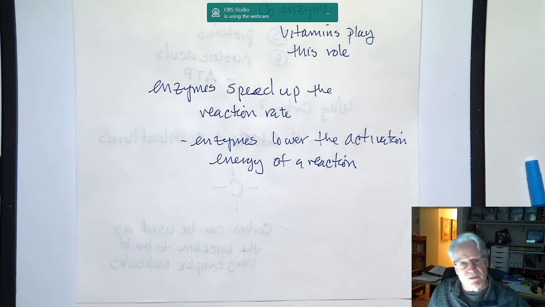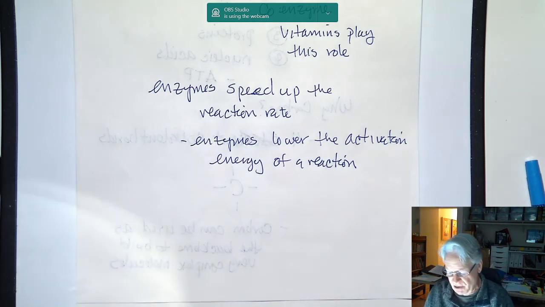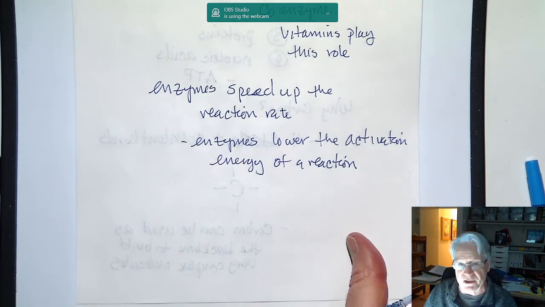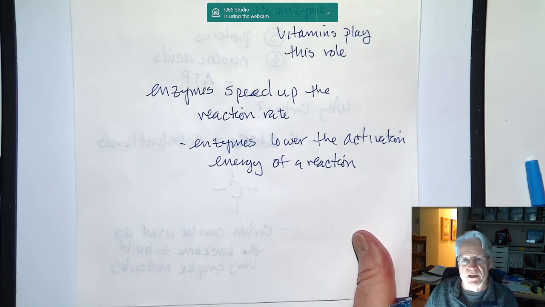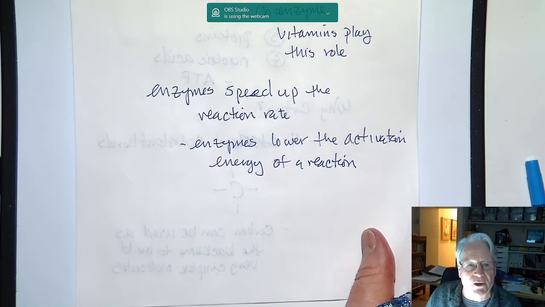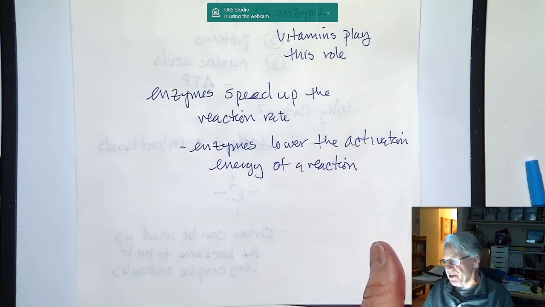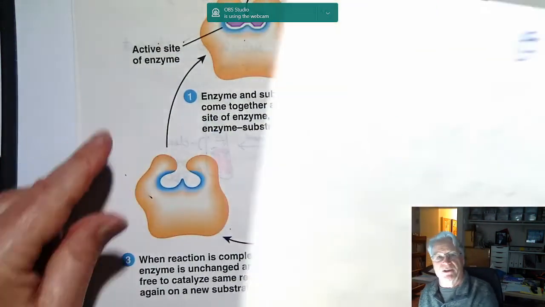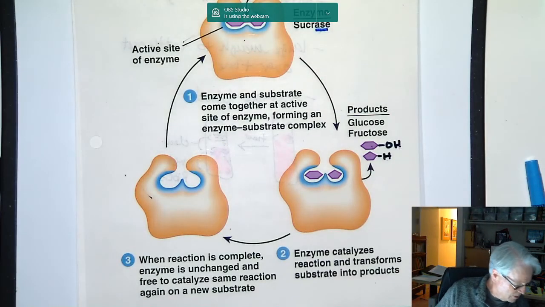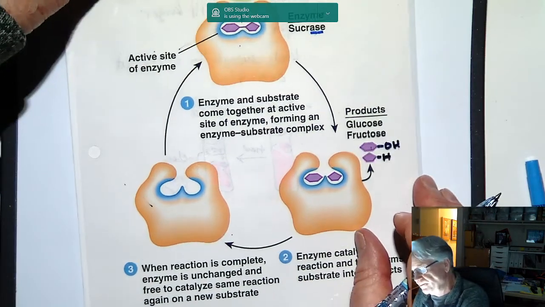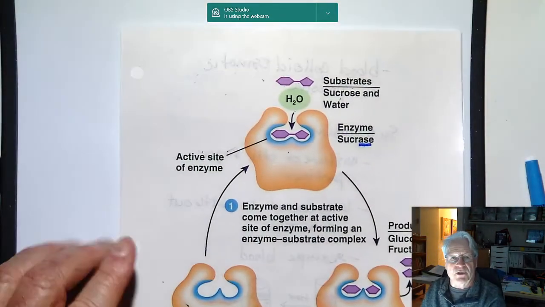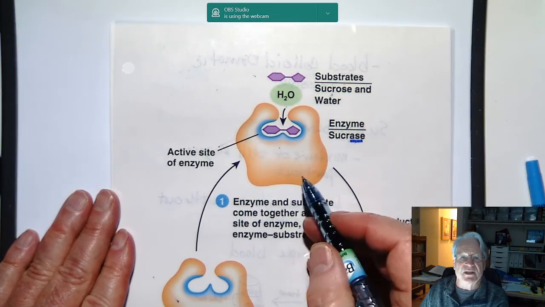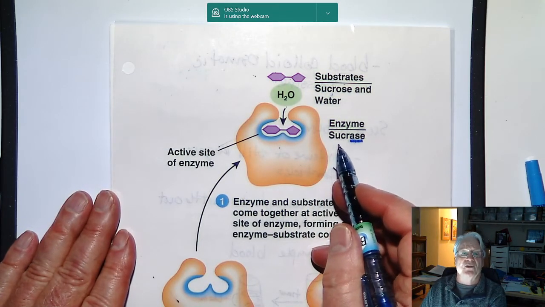Now, when we look at a particular enzyme and we observe how it's lowering the activation energy, this is the process by which that's all going to take place. Okay? So, if you look, here we have an enzyme, and this enzyme is referred to as sucrase.